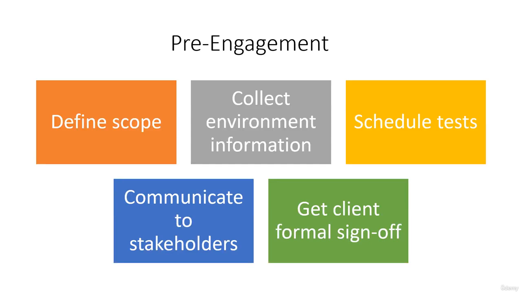The first one we already talked about, which is to define the scope, and we will be talking about it in our next lectures as well. But basically you want to define what and who will be tested in this engagement. The second phase is related to collecting environment information.